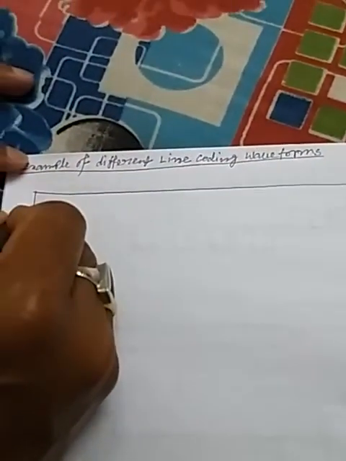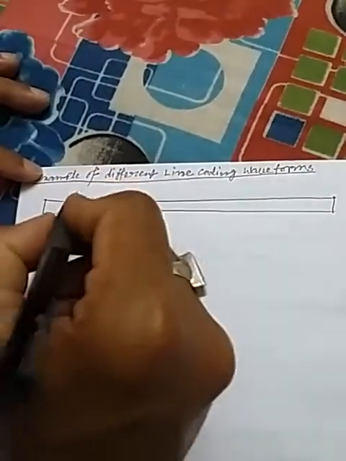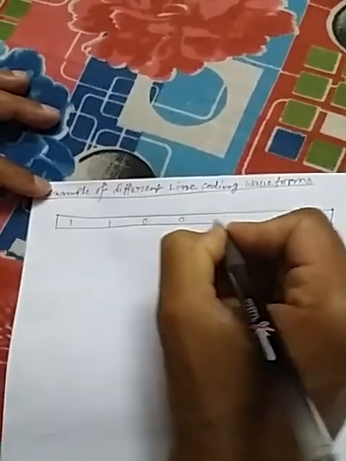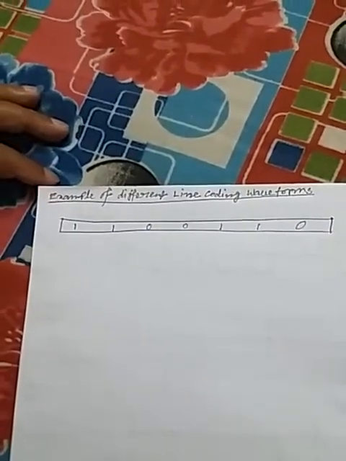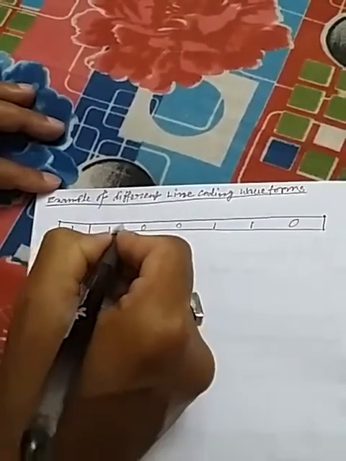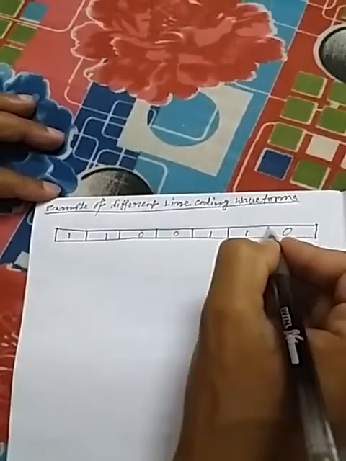Suppose in this example the bit stream is given by 1 1 0 0 1 1 0. At first, individual bits are separated by drawing cells, so here are some divisions of bits.